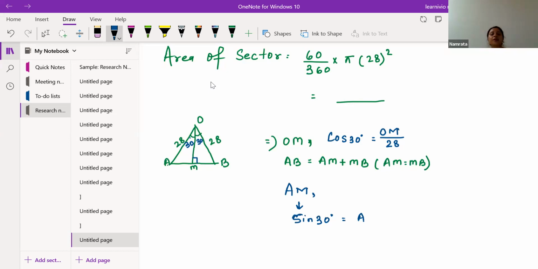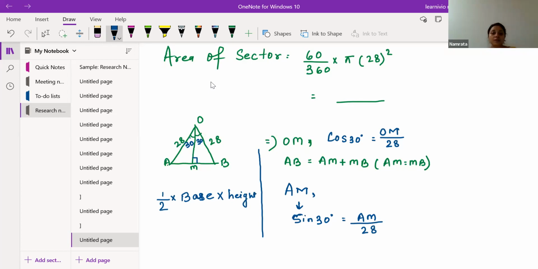Are you getting it? Yes, ma'am. And once we get AM, that means AM and MB are both the same, we can easily find AB. So we can find the area of this triangle, that is 1 by 2 times base times height. In place of height, we will use OM, that is cos 30 into 28.